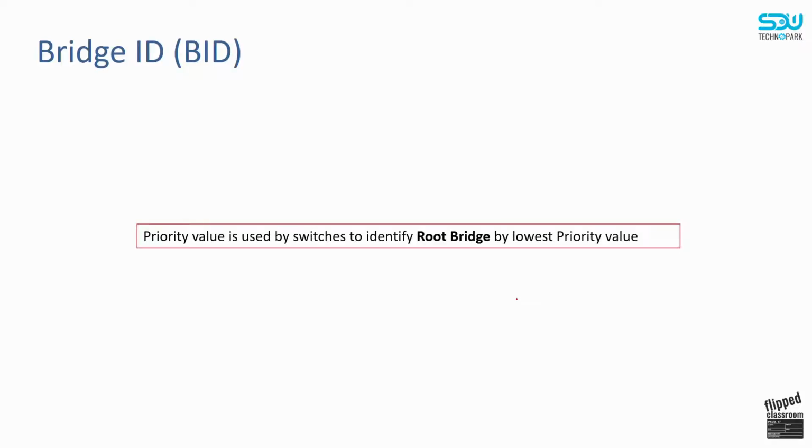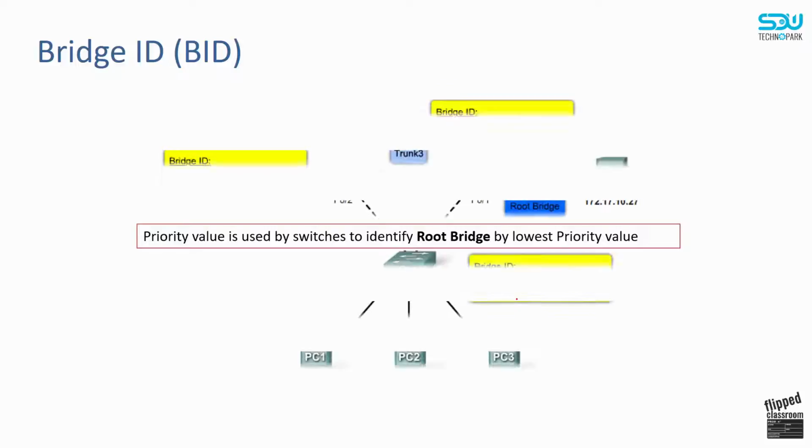So bridge priority is used by switches to identify a root bridge by the lowest priority value.